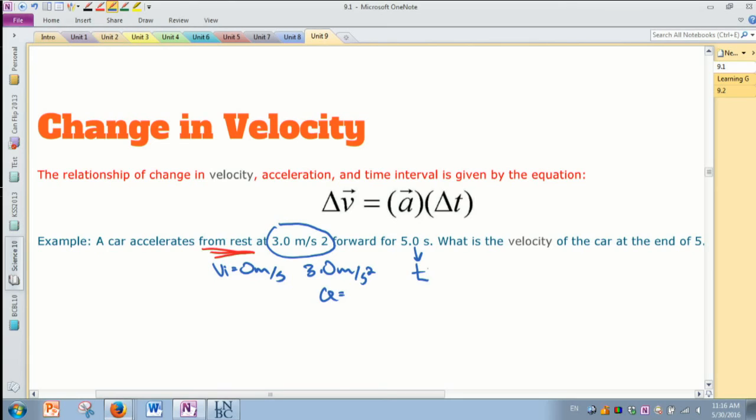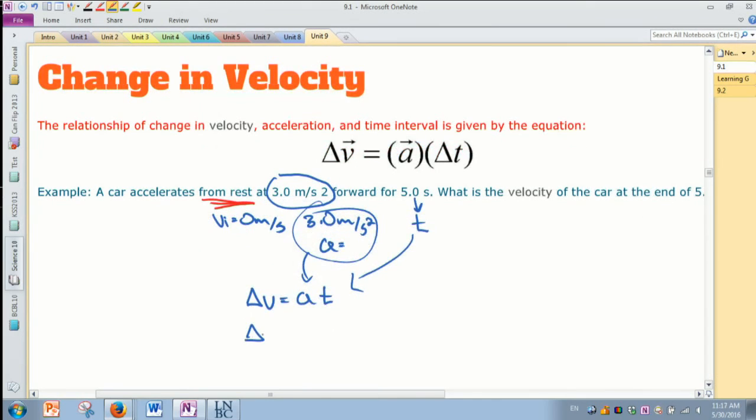So I already have the formula. Change of velocity is the acceleration times the time. I know my acceleration is 3. I know my time is 5. So my change in velocity is going to be my acceleration, 3.0 meters per second squared, times a time of 5.0 seconds.